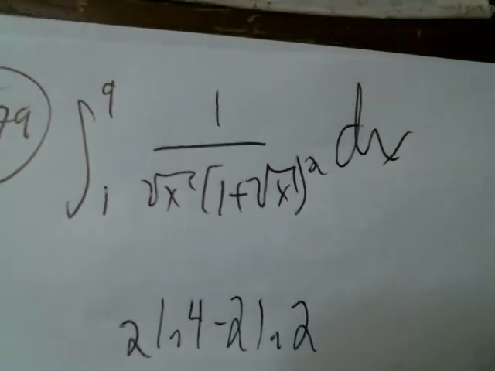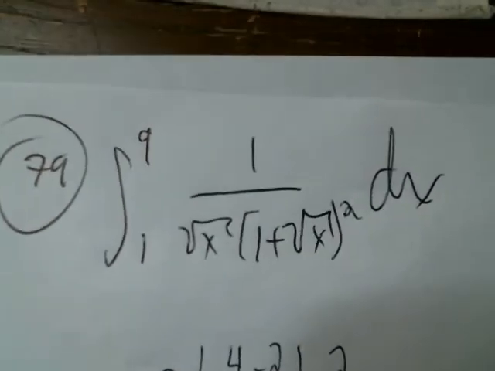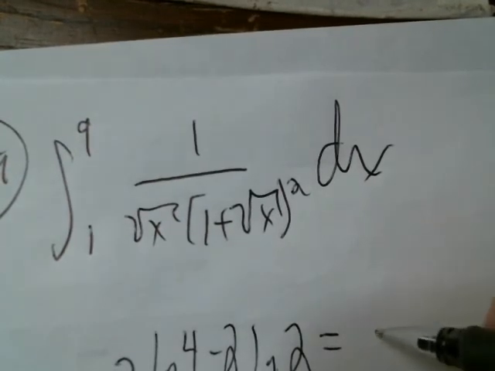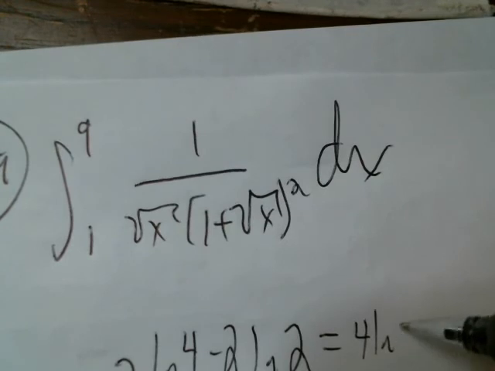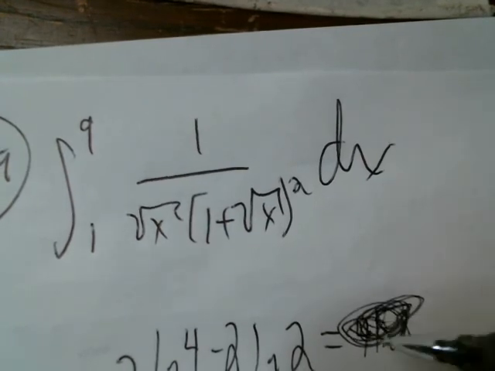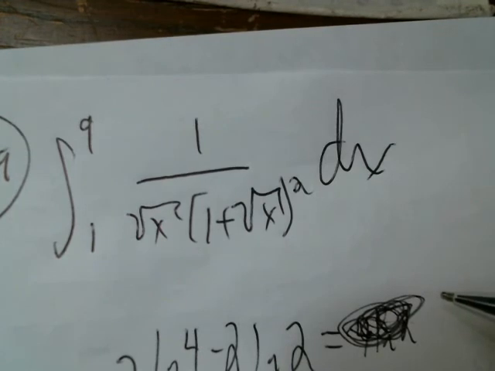Okay, so number 79. I'll go through it. And maybe it's equivalent. It doesn't look like it is. This would be 4 ln 2 minus 2 ln 2. And you're saying the answer is 1/2? Let me look.